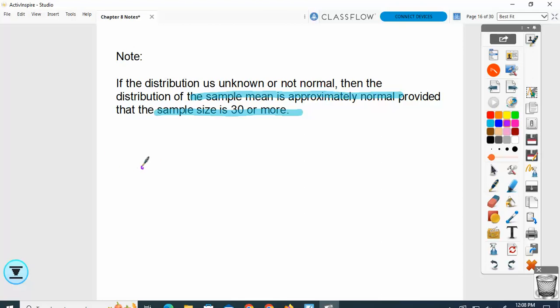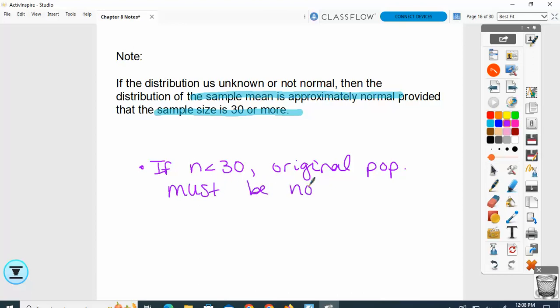If we don't have 30, so if n is less than 30, then that means our original population has to be normal before we can use that table to read our probabilities. So either the original data has to be normal, or we have to have at least 30.